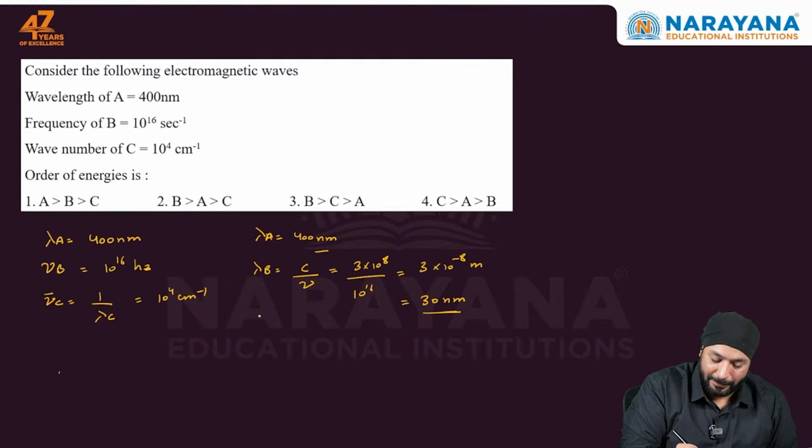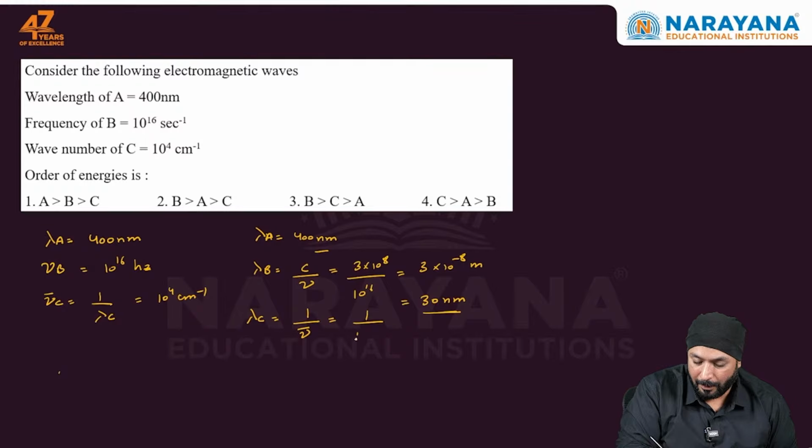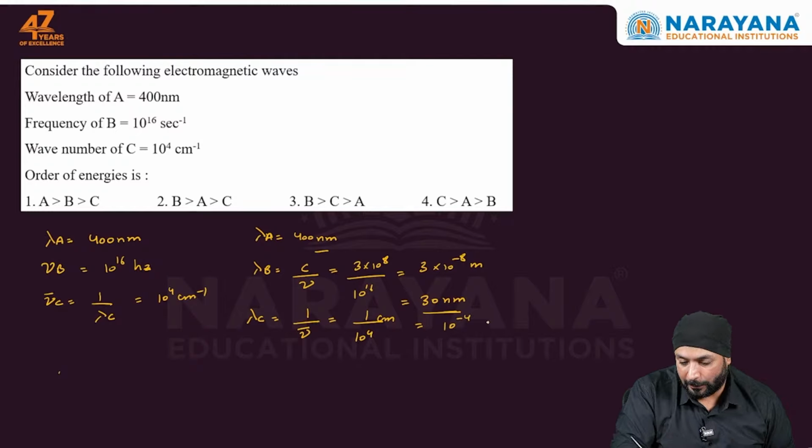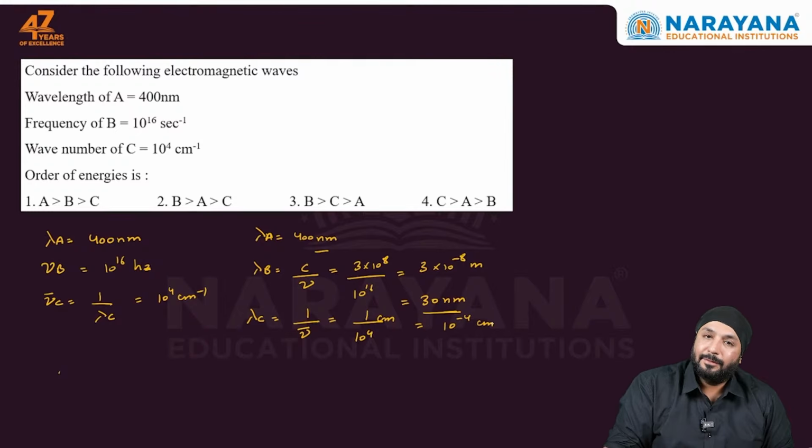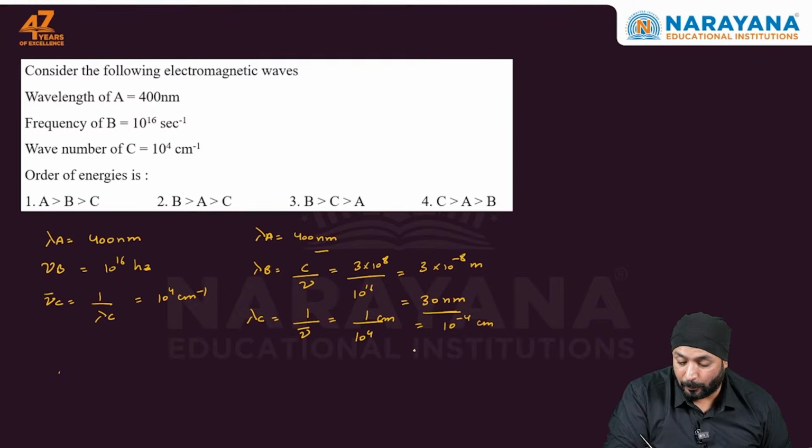Now wavelength of C should be equal to 1 by wave number, which is equal to 1 by 10 raised to power 4 centimeter inverse, which comes out to be 10 raised to power minus 4 centimeter. Now, 10 raised to power minus 4 centimeter is equal to 10 raised to power minus 6 meter, in other words, 10 raised to power 3 nanometer.